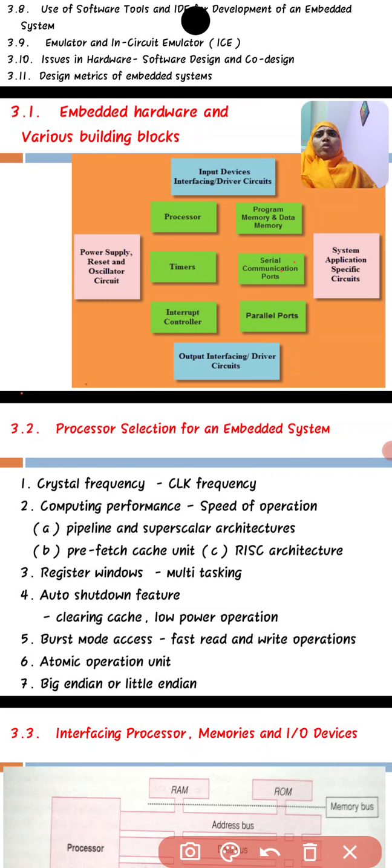One more important difference is that for long distances we use serial communication rather than parallel communication, because if we are sending 8 bits, we need 8 wires in parallel communication, whereas in serial communication we use a single wire, whatever the data size.